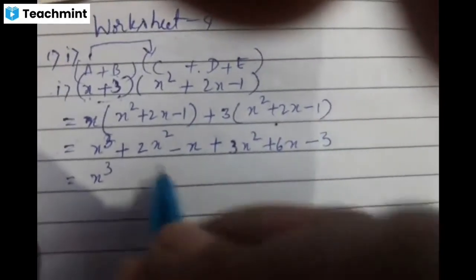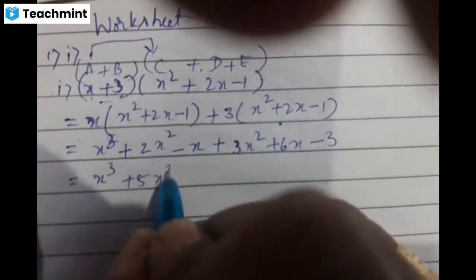As we have done before, we have to find the like terms if we have. If you don't have like terms, you keep it as it is. First is x cube. Then you have 2x square plus 3x square, 5x square. x terms you have minus 1 and plus 6, which is plus 5x, minus 3.